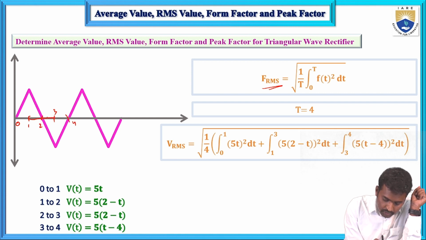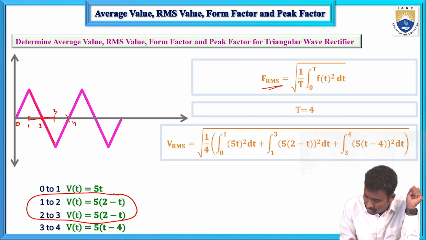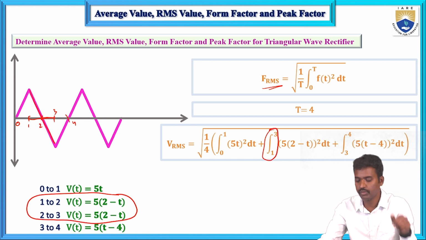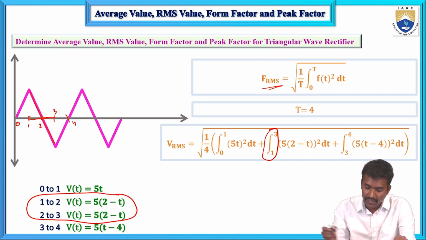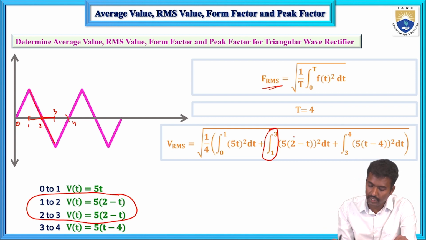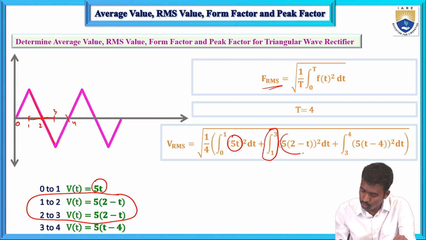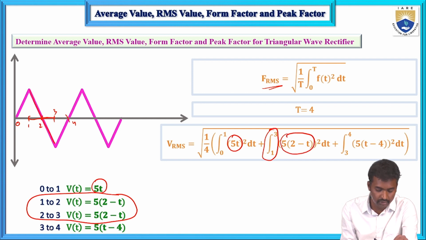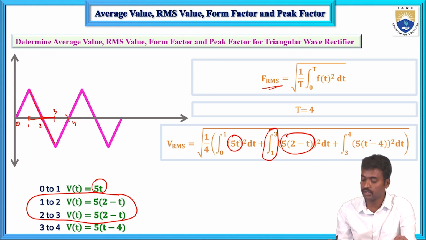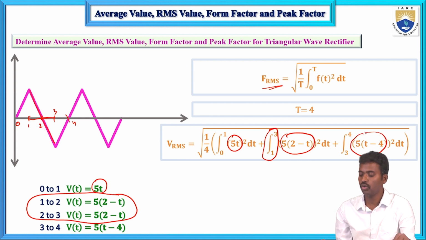But 1 to 3 is the same straight line equation, so you can consider 1 to 3 together. V RMS equals 1 by 4, with 0 to 1 being (5t) squared, 1 to 3 being (5 into (2 minus t)) squared, and 3 to 4 being (5t minus 20) squared.